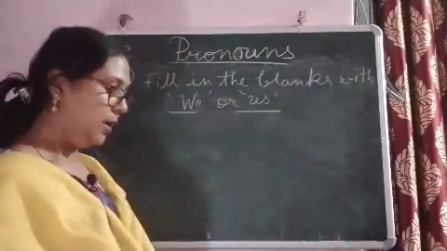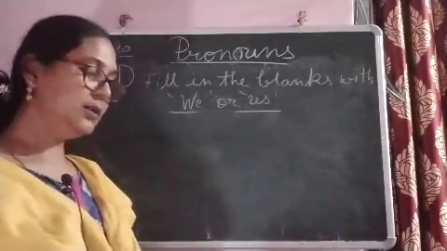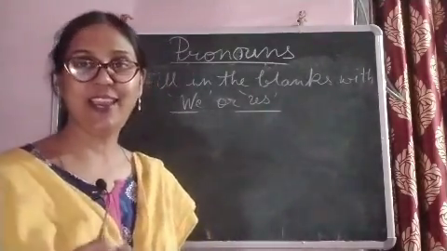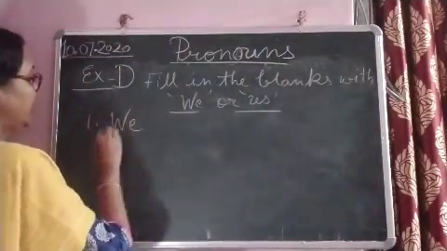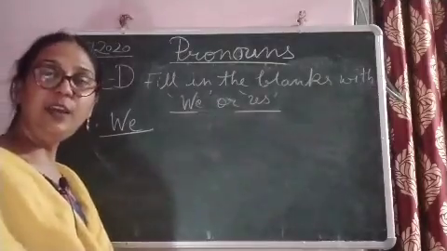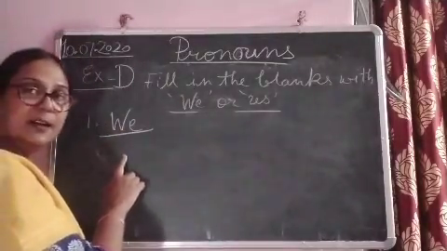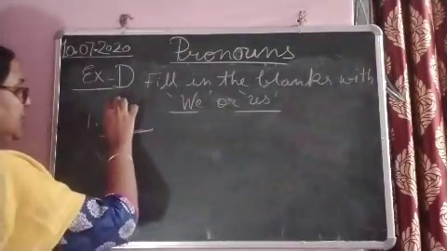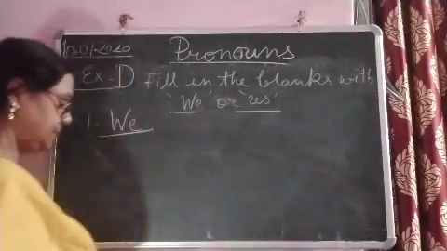Now, first is dash must save water. We must save water. So here we are going to write we. We must save water. Always remember, first letter will always be capital. So, we must save water.